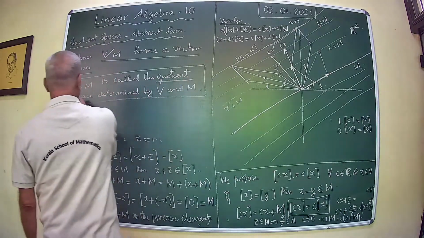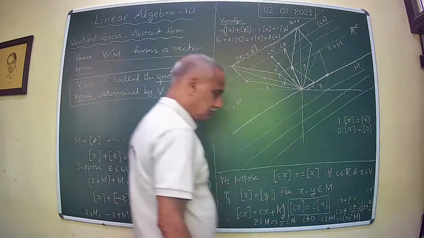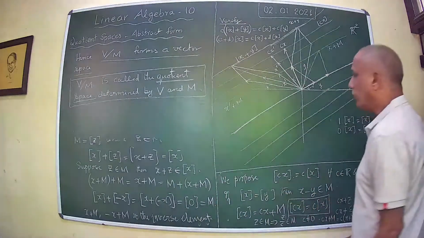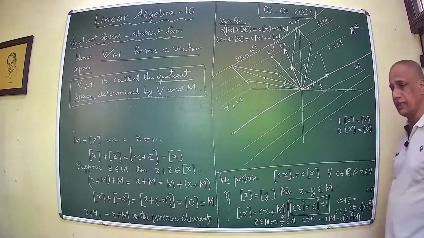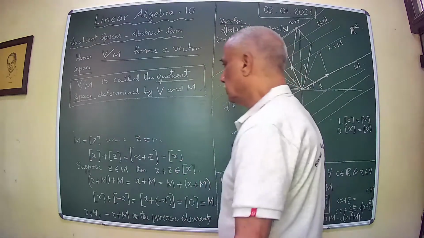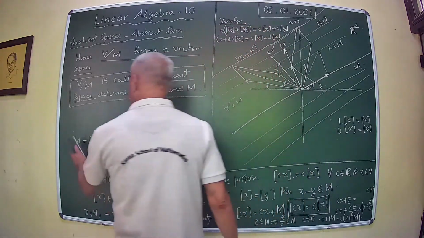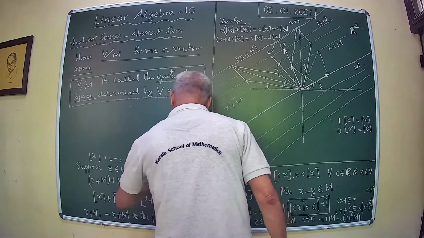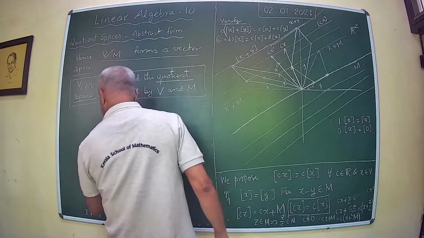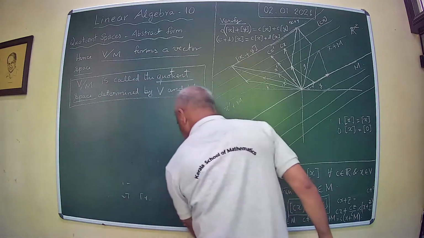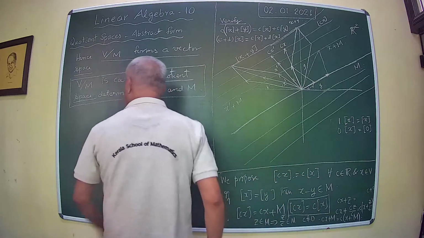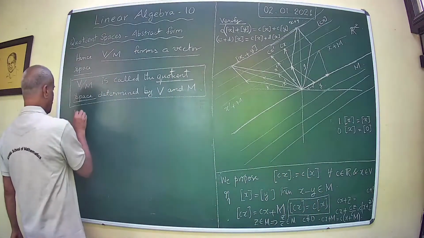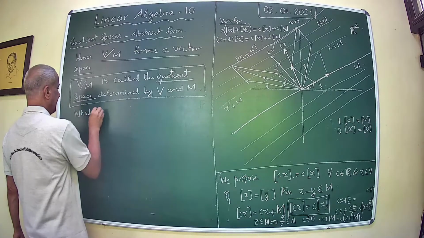Which is a vector space. Obviously, one of the questions that immediately comes up is, can you say something about the dimension of it? What can you say?